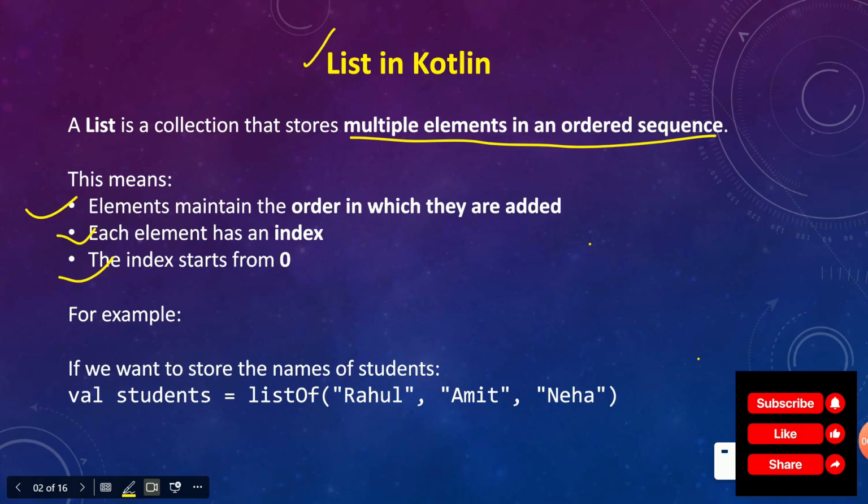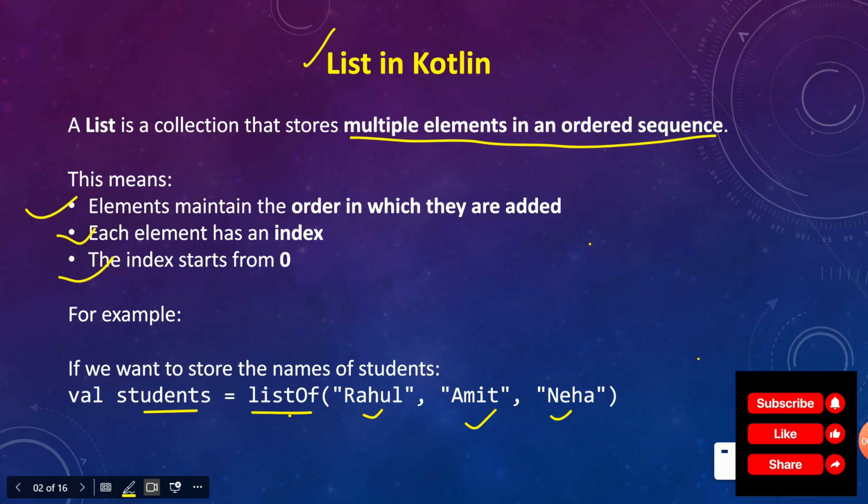For example, if you want to store the names of students, you can write a variable students equals list of Rahul, Amit, Neha. These are strings and we can store them in a list. Similarly, in the previous session we saw that arrays can be stored with arrayOf; here a list can be stored by using listOf.